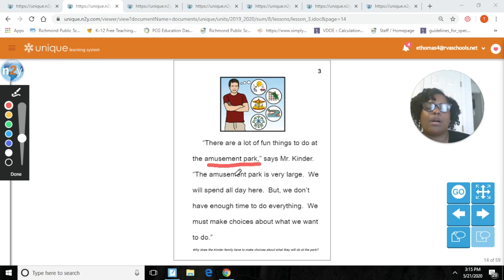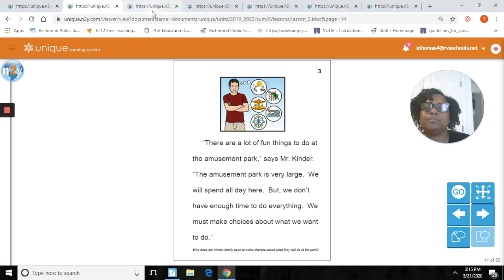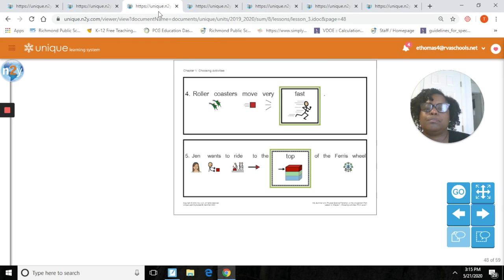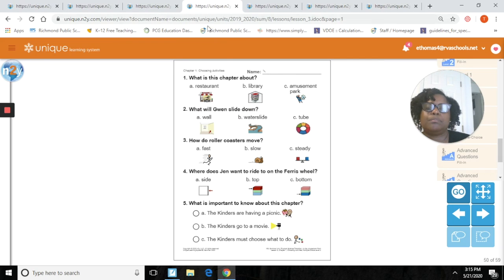This is where they are, okay? Okay, it says, what will Gwen slide down? A, wall, B, water slide, or C, tube? What will she slide down? Make a choice.